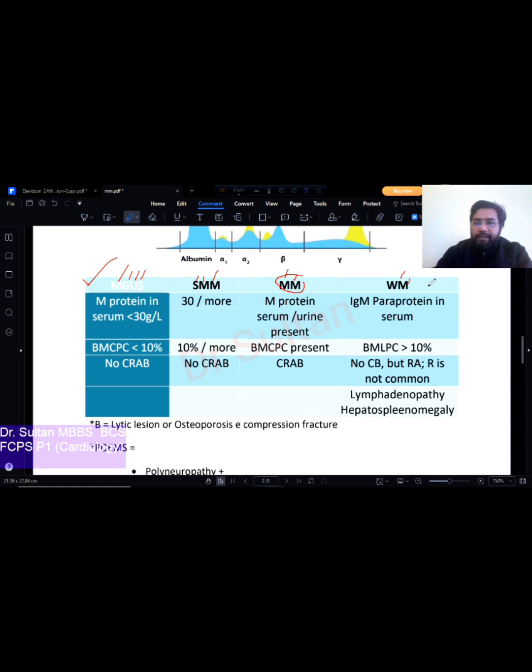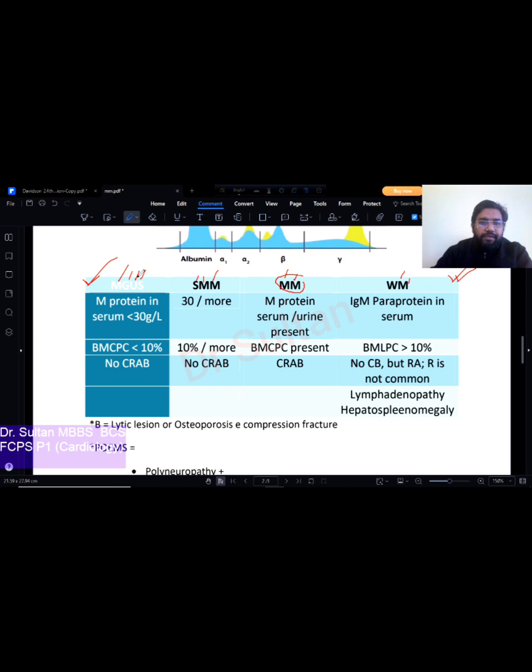This is the main playground of your multiple myeloma. You have to differentiate them as well as diagnose them, otherwise you can make confusion with the diagnosis. So let's discuss this playground that I have mentioned here.